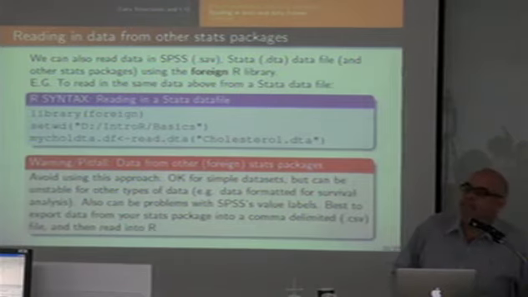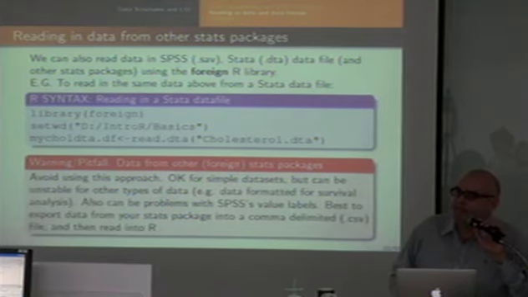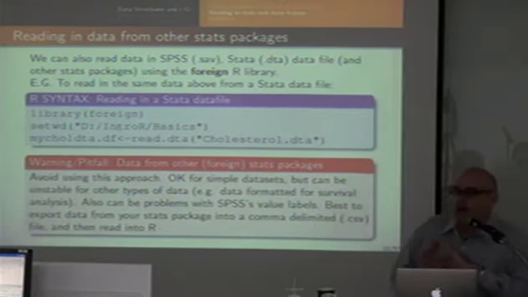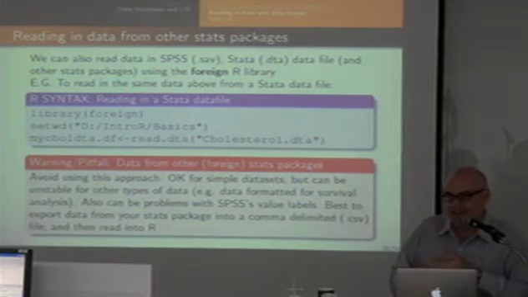Yep. When you save that cholesterol.dta on your PC or whatever the laptop, you have to specify the path for the file. The path, that's exactly right. So I've just saved that DTA file into my directory called intro R basics. So I'm telling it to look there. In fact, when I set my working directory, I'm saying look there for everything, not just this data file.